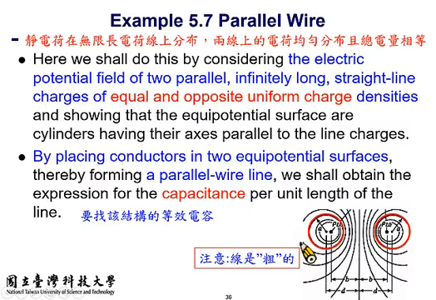They have radius A, and they are separated by a distance of 2d. And in this figure, you have the remark of 2d, which is the distance between the centers of the 2 conductors.